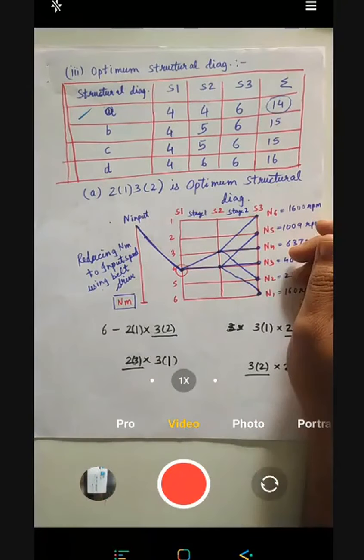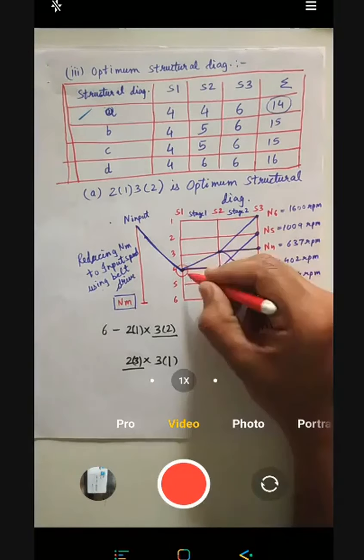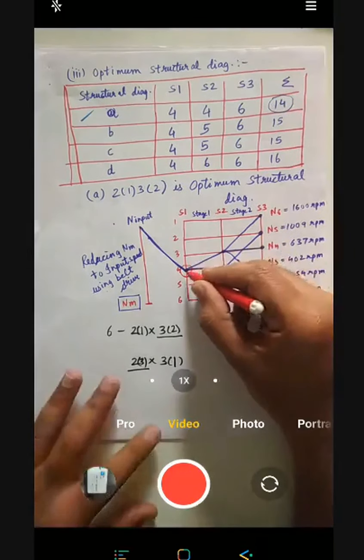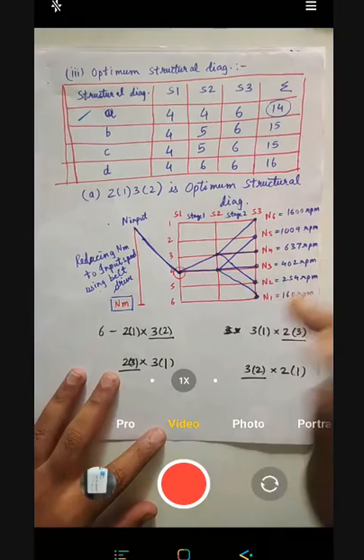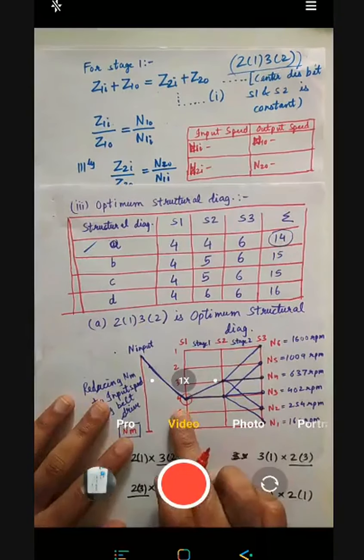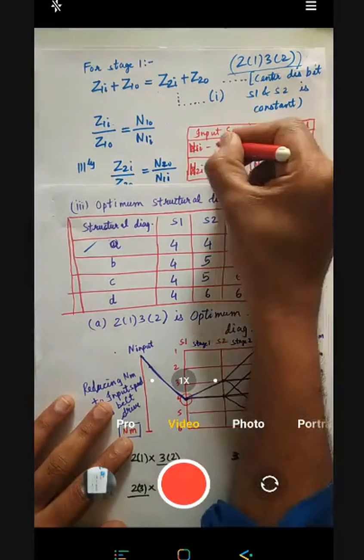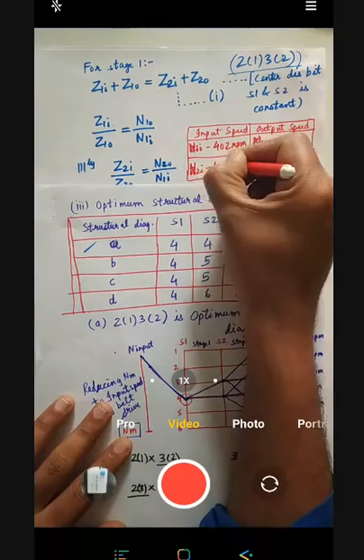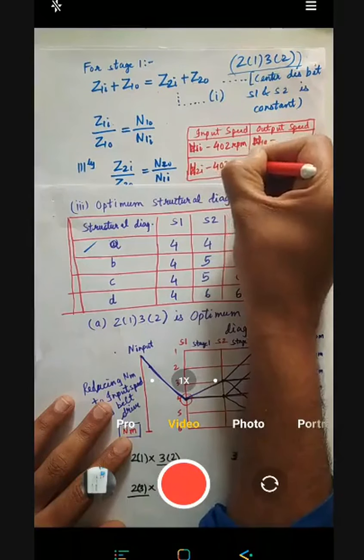Either it be shaft gear number 1 और gear number 2, एक shaft पर एक ही input speed हो सकती है. So at shaft 1 there is only one speed which we can see, and the value of that speed is 402, right? So this is 402 rpm. This is also 402 rpm.